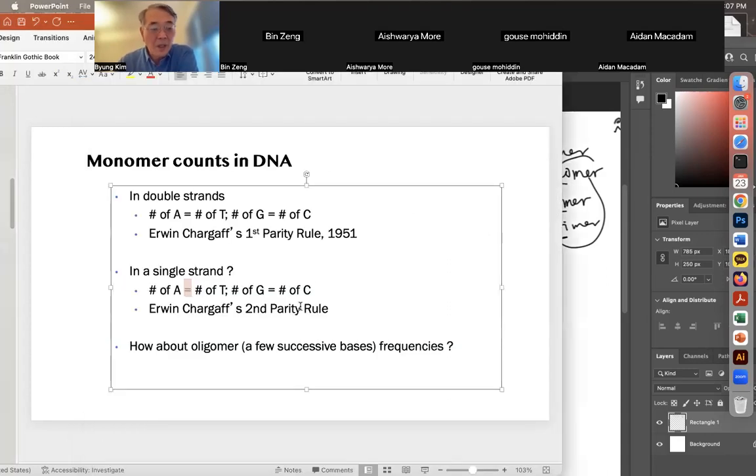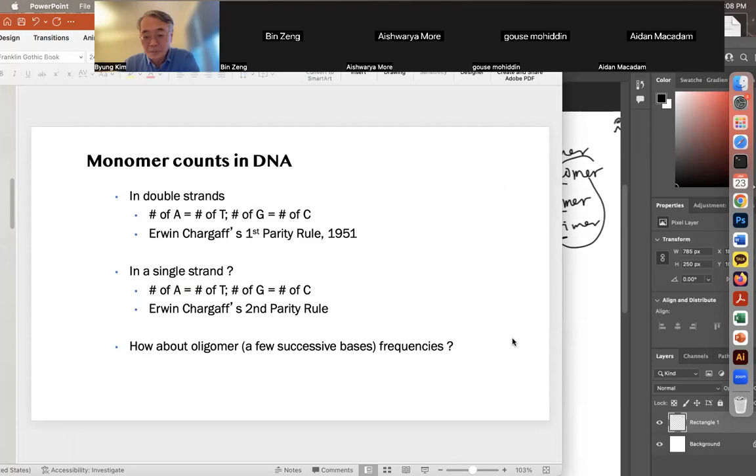So for a monomer, or single base, you have these two properties by Chargaff. How about if you have an oligomer? For example, a trimer: if you look at a group of 3 bases, or a window of 3 bases, and start counting them all the way across the double strand or single strand, would there be a similar relationship?